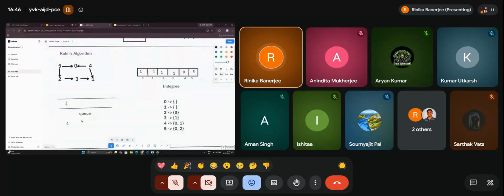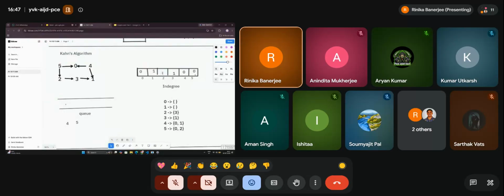Now I'll pop 5 from the queue. I'll write 5 here. Now 5 is contributing to the in degree of 2 and 0. So I'll reduce their in degree by 1, right? Because from 5, we can reach 2 and 0. So for 0, I'll reduce it, and for 2 also.